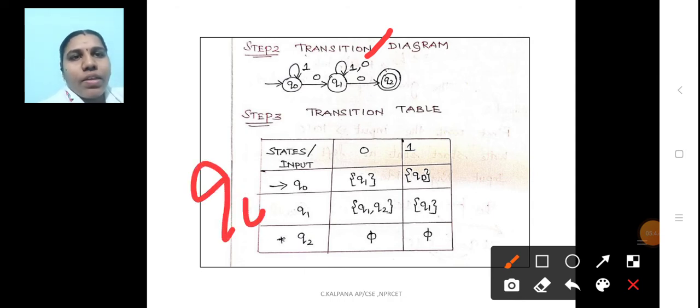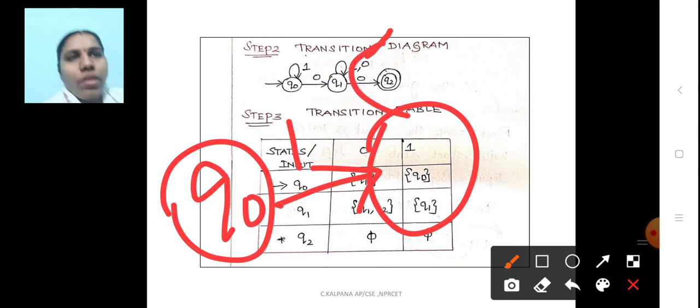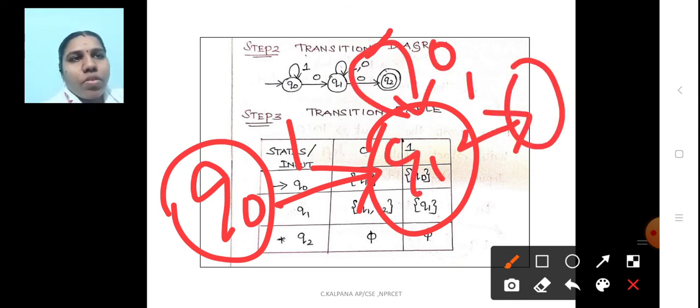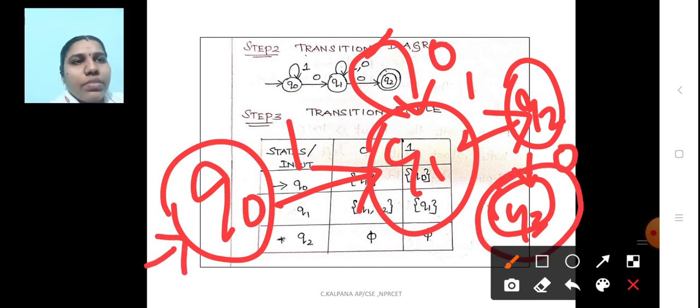I will write here Q0. You can draw like this also. 1, 0, 1, 0. Here it is the start state, here it is the final state. This is the diagram for DFA.